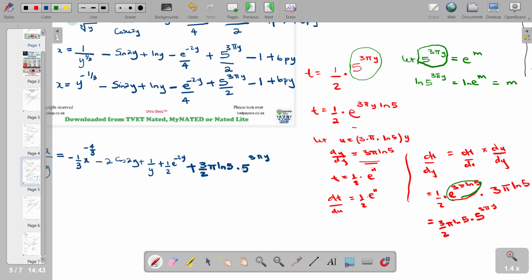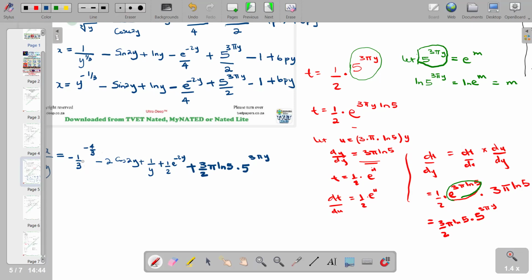You have to take note where we put this 3 pi y, you'd realize that some texts will be having e to the power 3 pi ln 5 here. Then the next term we see it's a constant here, so we get 0. Take note, it's not x there. Sorry for that. Yeah, it's a y.